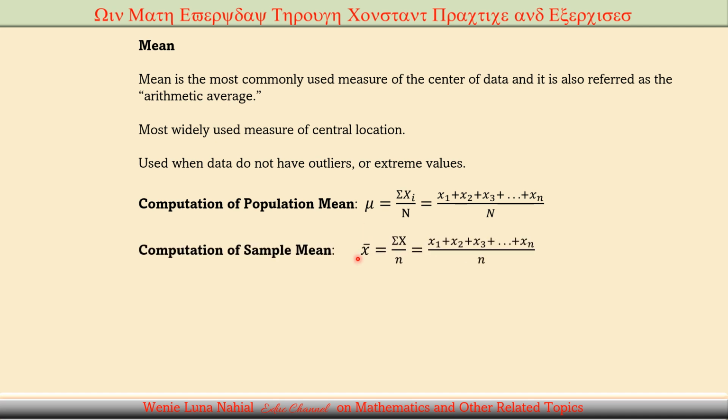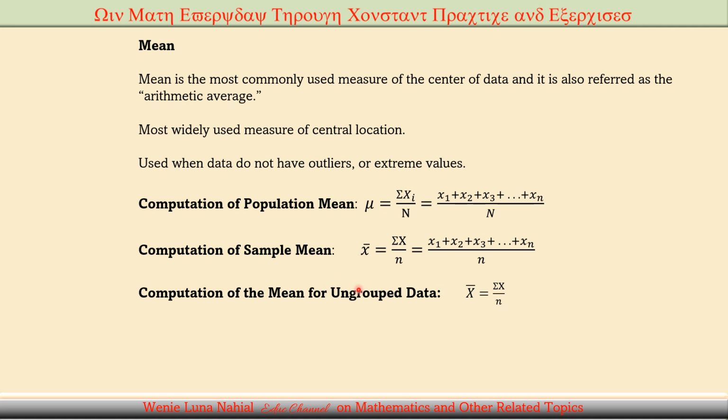Then for the sample mean, you have the same process: you add the observations, then divide by the number of observations. This X bar indicates that you are getting the mean of the sample.